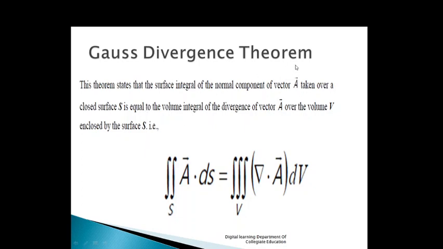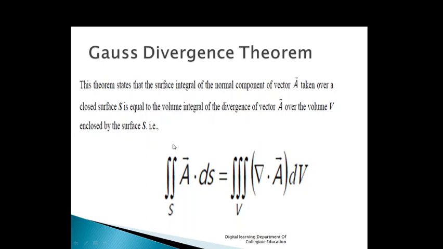Next concept, Gauss divergence theorem. From this theorem, we can convert from surface integral to volume integral of the divergence of vector A over volume V enclosed by the surface, or from volume integral to surface integral.